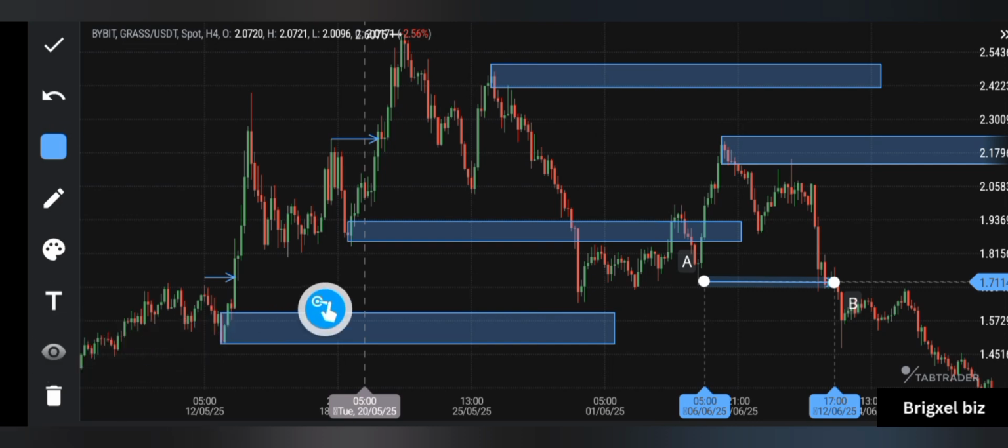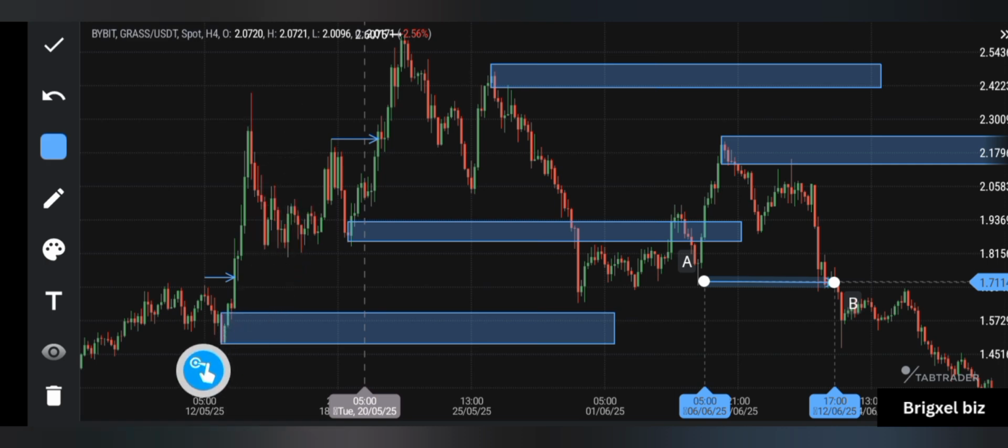Here I've got a number of order blocks marked out. We have a bullish order block here, a bullish order block here, a bearish order block here, and a bearish order block here. Let's start with this. Why is this a bullish order block? Now notice here is a swing low, and immediately after this low there was a sharp move to the upside.